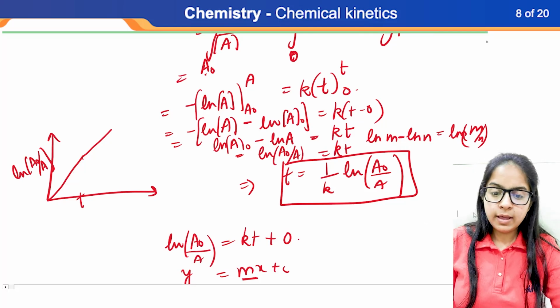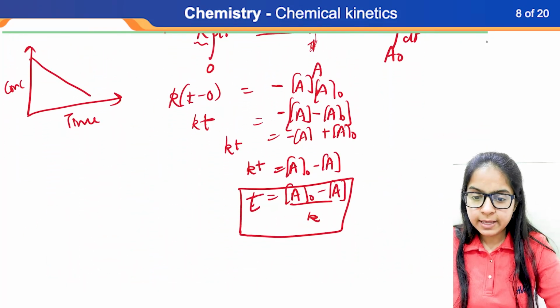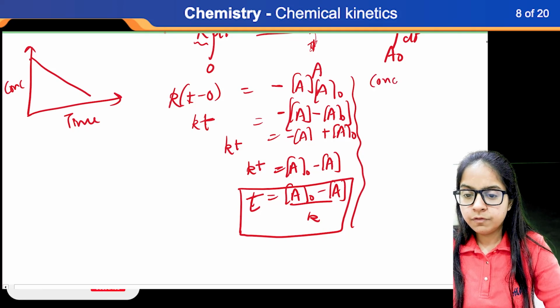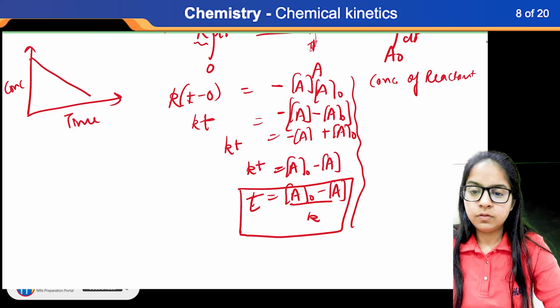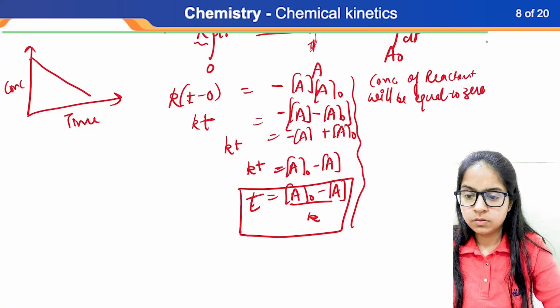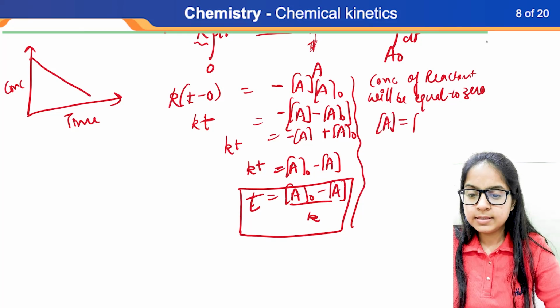So now I am going to show you the half-life also. For the half-life, at time t half, A is equal to A naught by 2.